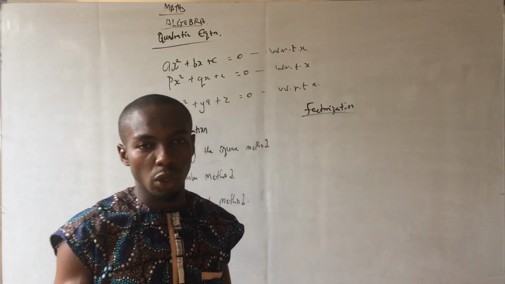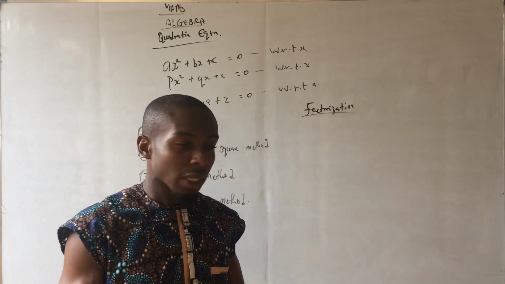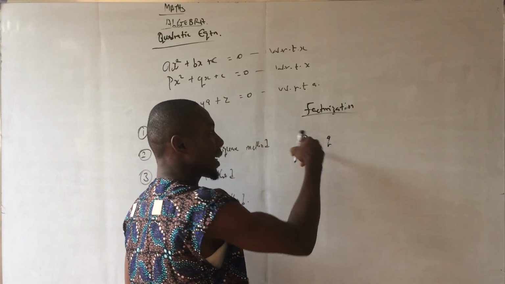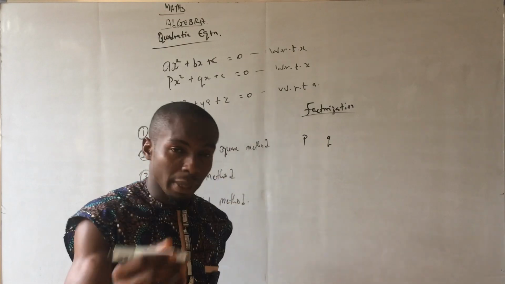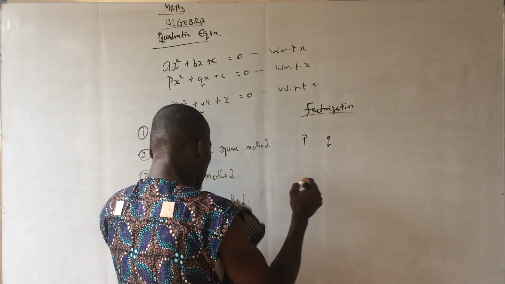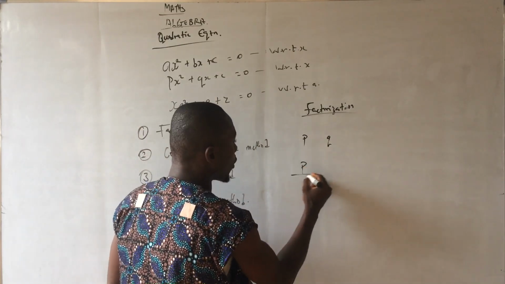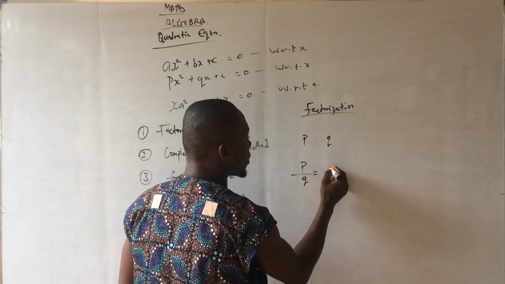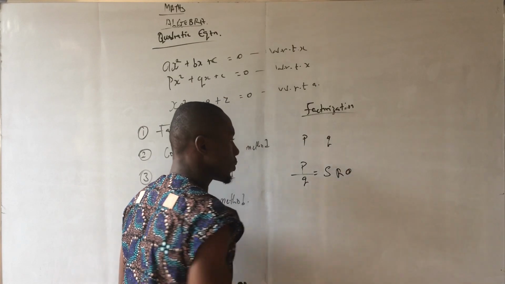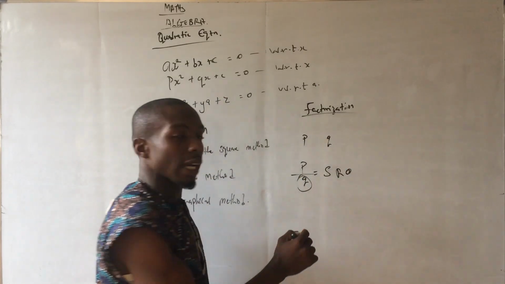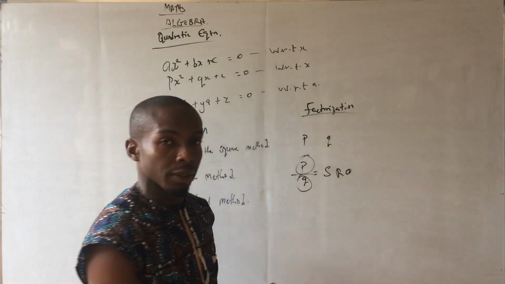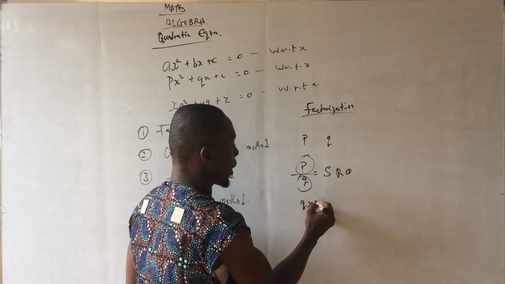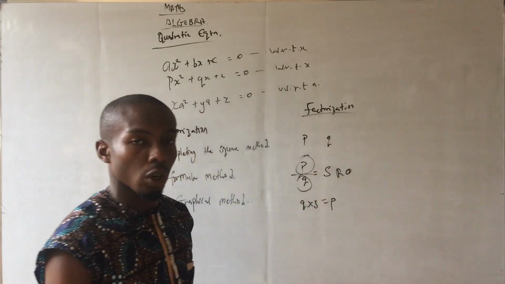A factor of a number, let's say a factor of a number p is another number q that can divide p with remainder equal to 0, meaning p over q is equal to s remainder 0. So meaning that q is actually a factor of p, right? Yes, because q can multiply s to give you p with no remainder.